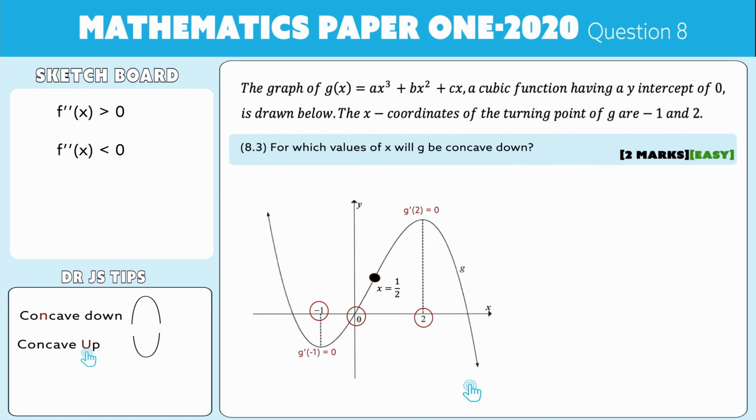Concave downwards would mean, here's the point where the nature of the gradient is changing, so it will be to the right of that point. So g is concave down where x is bigger than 1 over 2. And it carries on forever, up to infinity. There the graph is concave down.